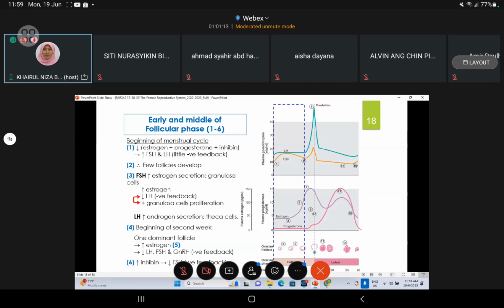So here we can see at number 3 that estrogen secretion starts to rise. Once it starts to rise, it has negative feedback effects on the LH and FSH, particularly more on the FSH because FSH is involved in follicular development. At that stage as well, the granulosa cells start to proliferate.